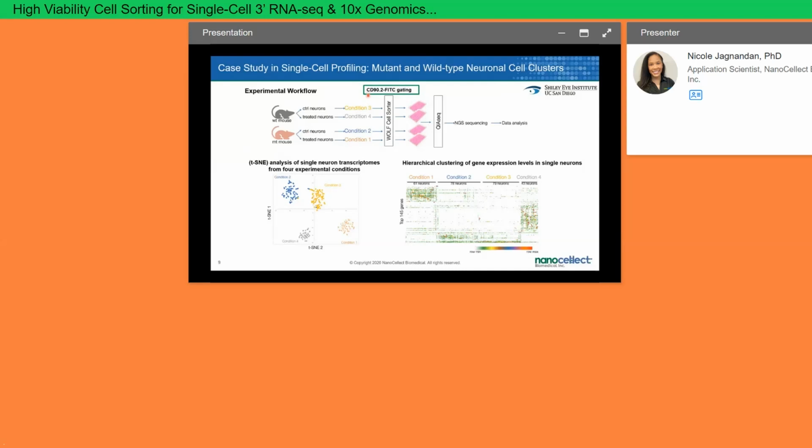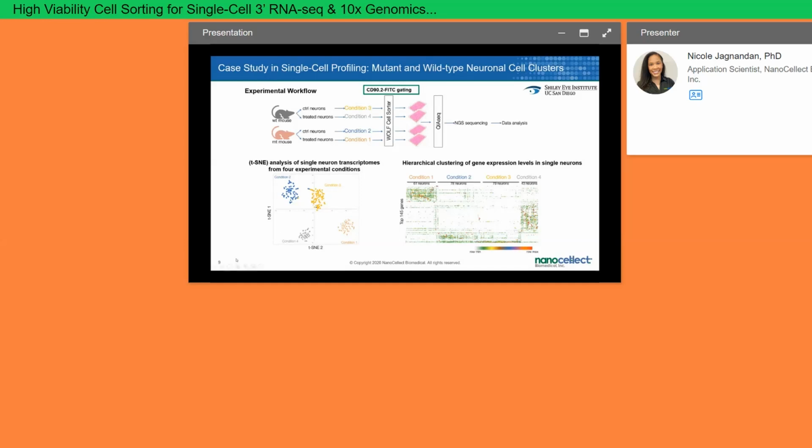So this was just a typical immunostaining protocol where he essentially just sorted based on positive CD90.2 FITC signal and then plated into those QIAseq plates, so single cell plating into QIAseq plates, and then completing the library construction, NGS sequencing, and then finally data analysis.